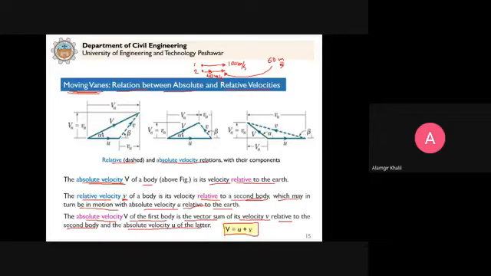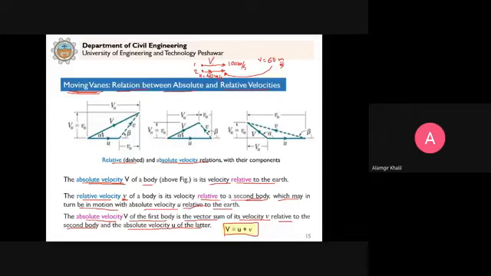This we can write down as the vector sum. This is what I show here. This is your V, and the second body is moving with a velocity u, and the relative between the two, that is your small case v, the relative velocity here.